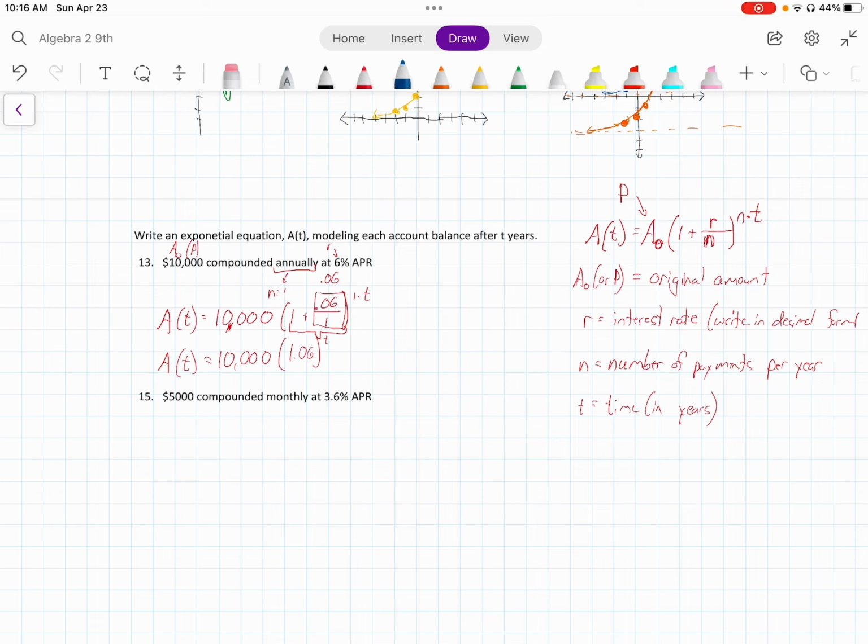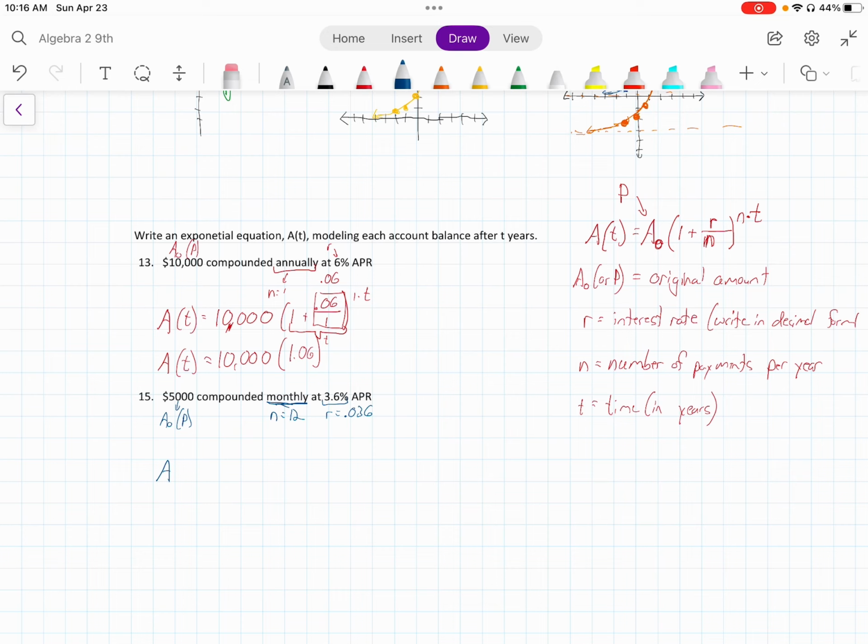And then for the next one, we won't be able to simplify it down that much because we have monthly. So this is our A sub 0 or P, compounded monthly. That means there's 12 payments per year, so n equals 12. This is our rate, which we change to a decimal by moving the decimal over twice, so that's going to be 0.036.